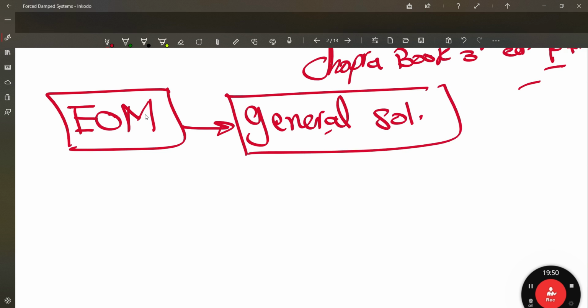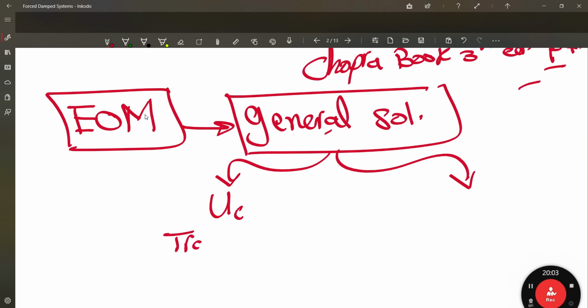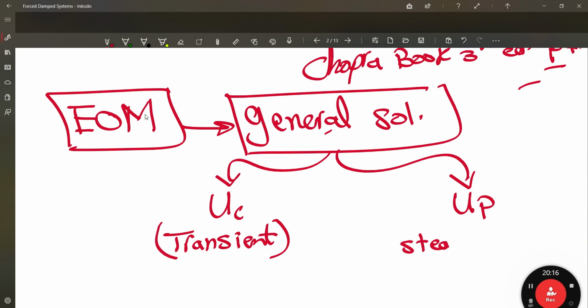It is going to be two parts: a part related to the complementary solution, U complementary, which we are going to call the transient, as we said before, and another part related to the particular solution, UP, which we are going to call the steady state.